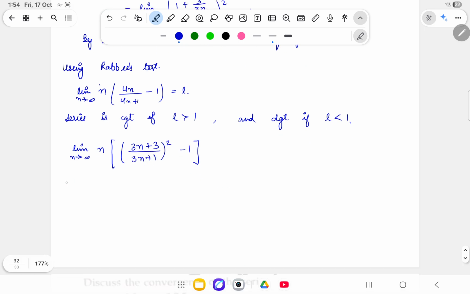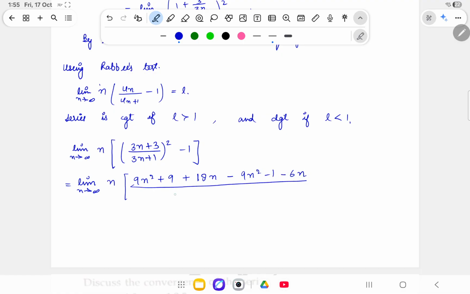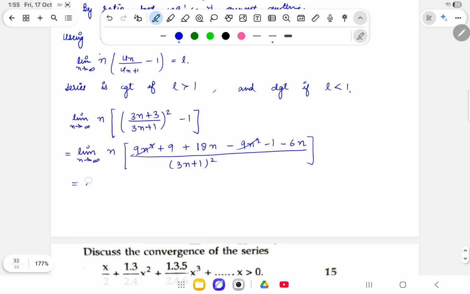So if we just simplify it, it will be equal to limit n approaches infinity n times 9n square plus 9 plus 18n minus 9n square minus 1 minus 6n divided by 3n plus 1 whole square, and this simplifies to limit n approaches infinity n times 12n plus 8 divided by 3n plus 1 whole square.